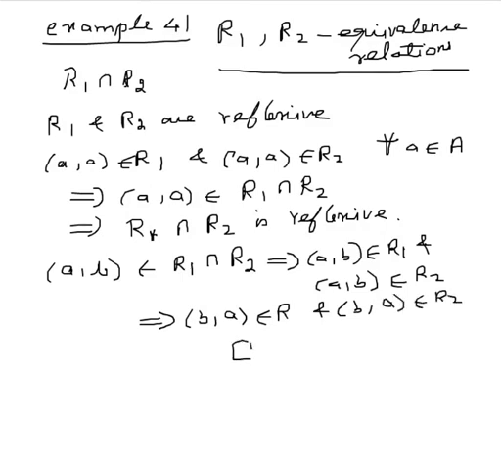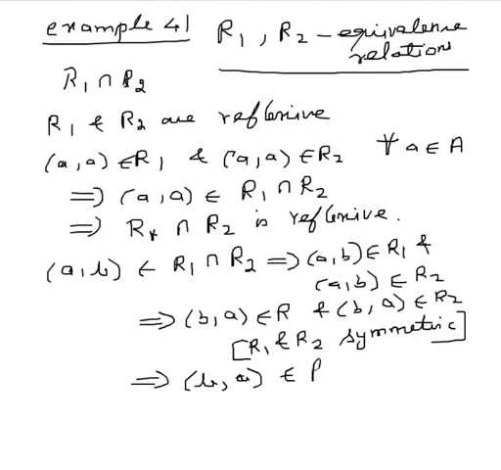The reason is R1 and R2 are symmetric relations, which implies (b, a) is a common element. Therefore, it will be in R1 intersection R2. Therefore, R1 intersection R2 is symmetric.